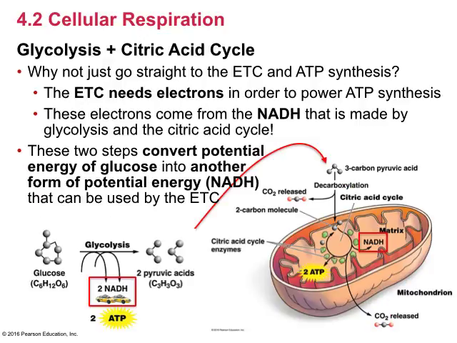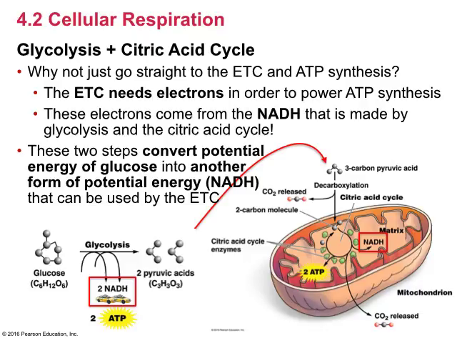So with glycolysis and the citric acid cycle, you're not making a lot of ATP. The main reason you go through these 2 steps is to convert the energy in glucose into NADH. We saw it there, like the little taxi cabs in the red box.